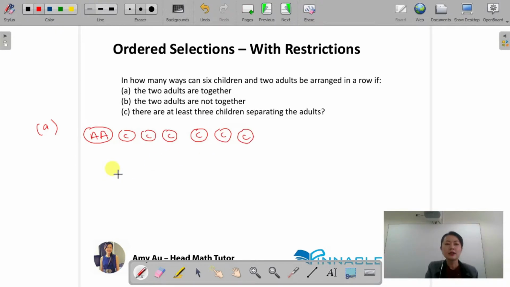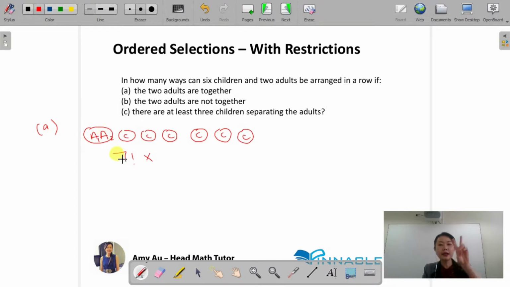Okay, so then how many ways can I arrange this? So you are arranging 1, 2, 3, 4, 5, 6, 7 things in a row. So that's 7 factorial, right? So permutation of a set. And then, now these 2 are different adults, so they could be A1 and A2.